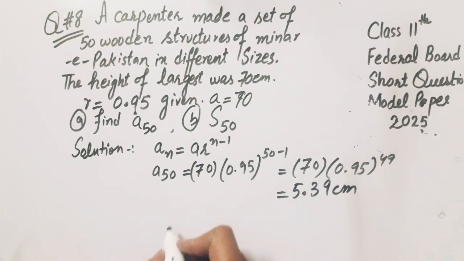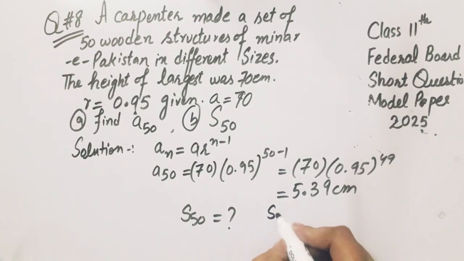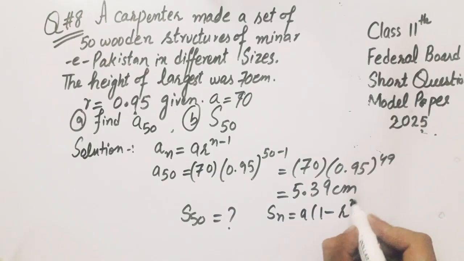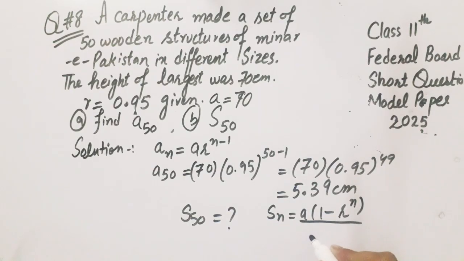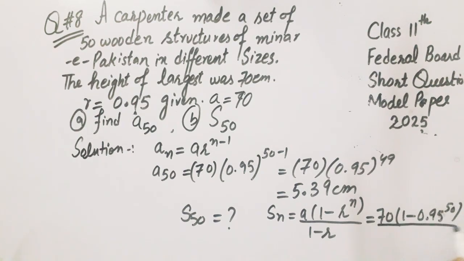Now we will find the value of S50. The formula is S_n equals a into 1 minus r raised to power n, divided by 1 minus r. So the value of a is 70, and r is 0.95, raised to power 50, divided by 1 minus r, which means 1 minus 0.95.